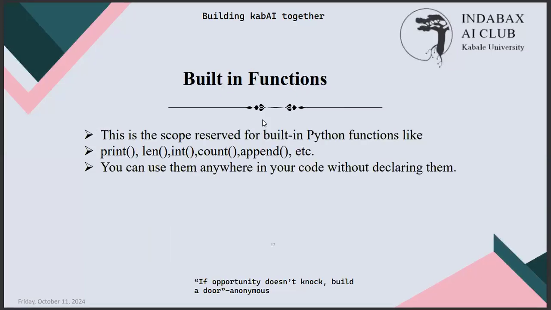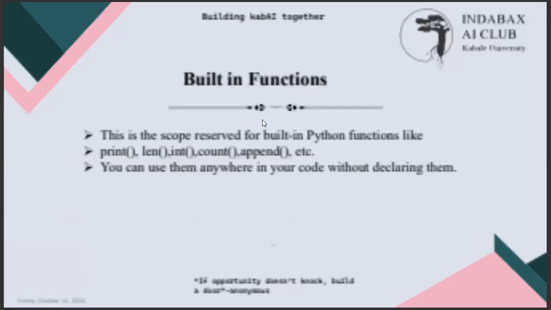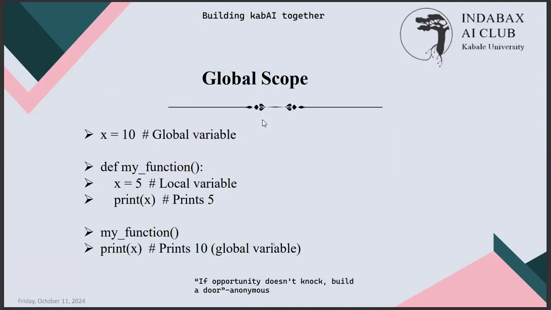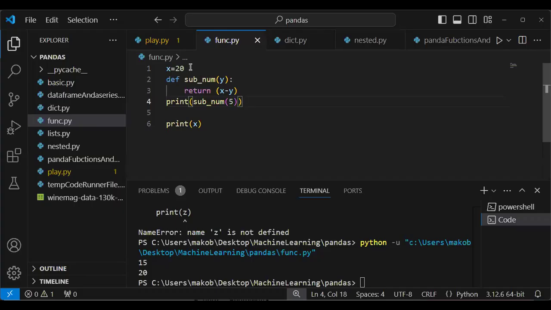Okay, that is that. There's something I missed here. We have a chance to modify a variable that is at global scope. Let's say I want the value of this x to change here. I don't want to use x as 20 here.